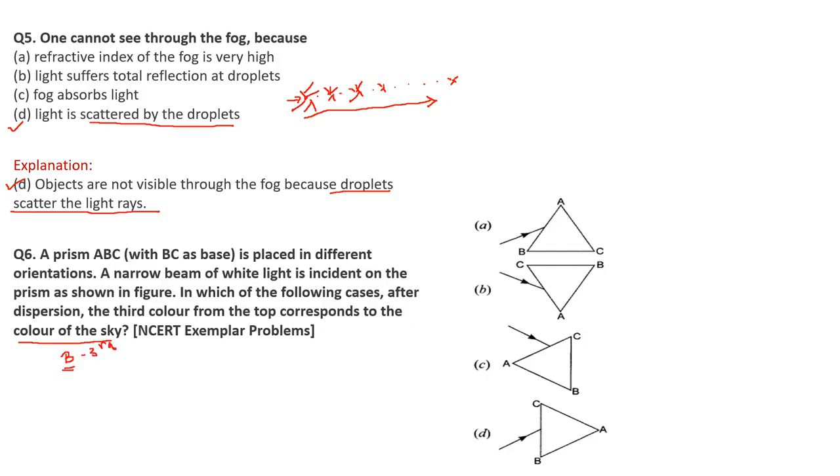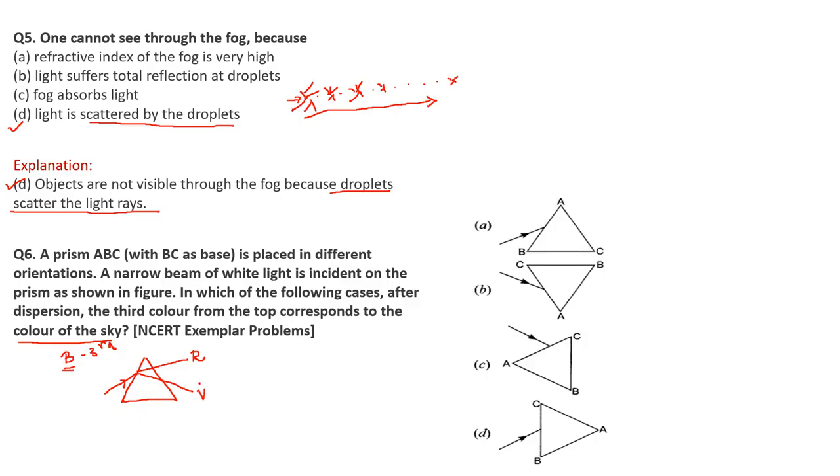Now, let us draw a normal prism. When I draw a normal prism and allow a ray of light to pass through it, I can see the dispersion. At the top you will see the red light, and at the bottom you will see the violet.